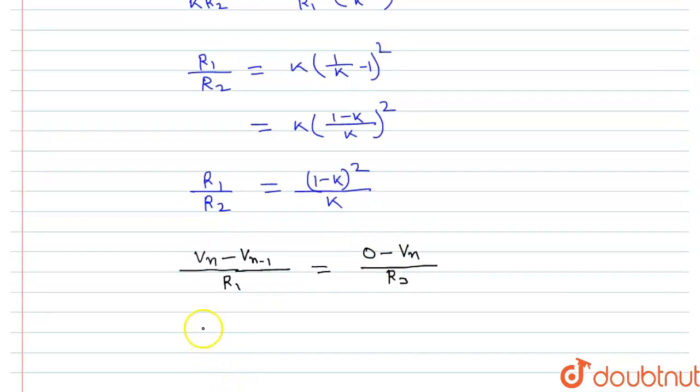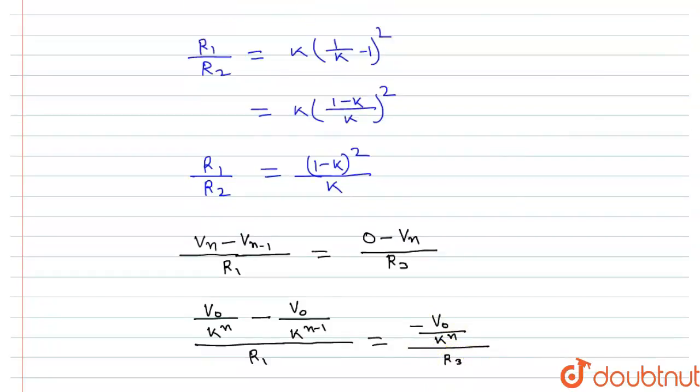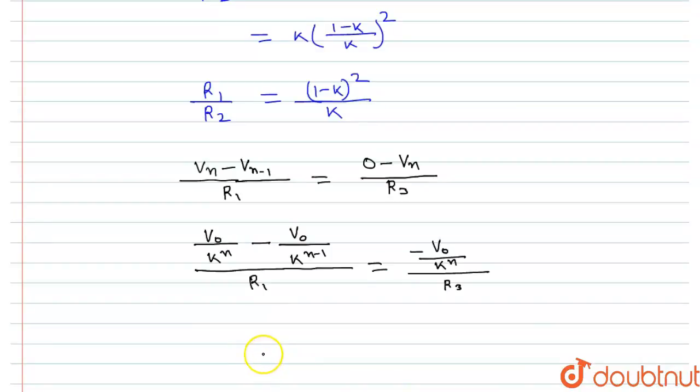Now Vn is equal to V naught divided by k to the power n, and Vn minus 1 is equal to V naught divided by k to the power n minus 1. So V naught divided by k to the power n minus 1, divided by R1, is equal to minus V naught divided by k to the power n, divided by R3. Clear. Now V naught we can take common and cancel out to each other.